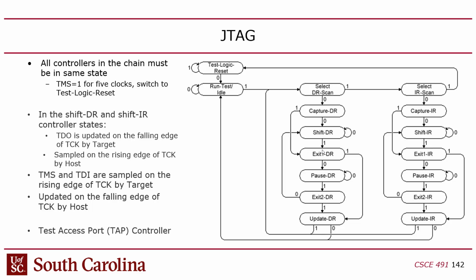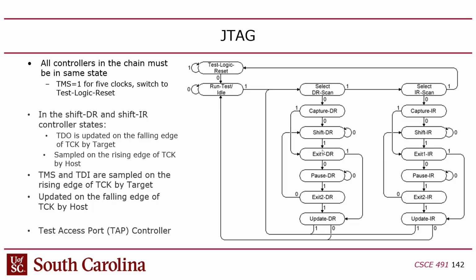And so if you set the test mode select to 1 and you clock it 5 times, you are guaranteed to end up in this test logic reset state. Why?